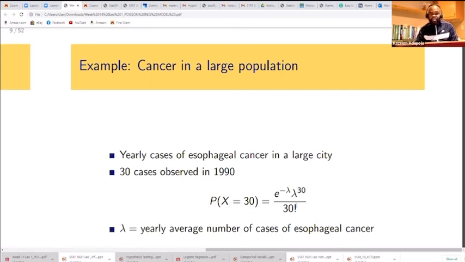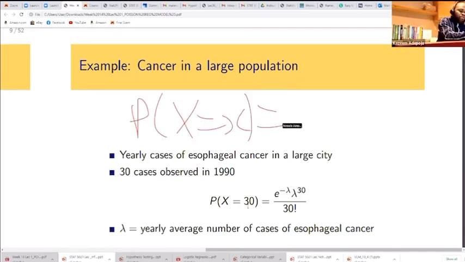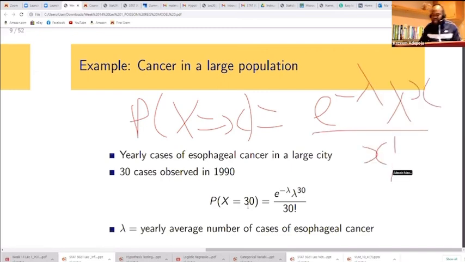What am I trying to do right now? I'm trying to use the formula for Poisson, e raised to the power minus lambda, lambda raised to the power x over x factorial. I'm plugging in x equal to 30. If I want to figure out that probability, then I need lambda.